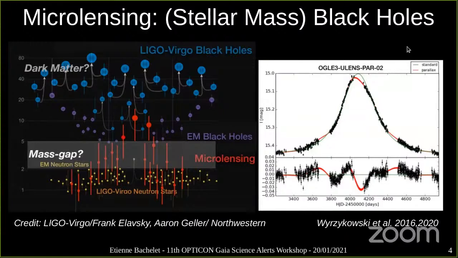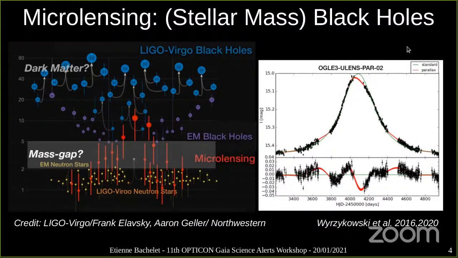And as Łukasz described in this paper, microlensing is an efficient method to complete the census of the black hole population that we can observe from LIGO mergers or from binary X-rays. And we can see from Łukasz's candidates that microlensing seems to disfavor the hypothesis of a mass gap between massive neutron stars and small mass black holes, but of course more observations are needed.